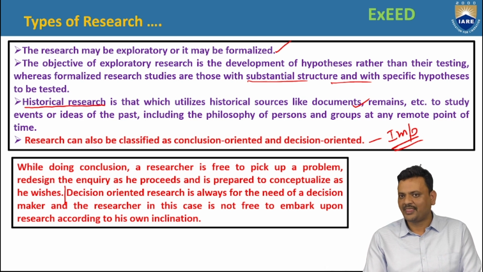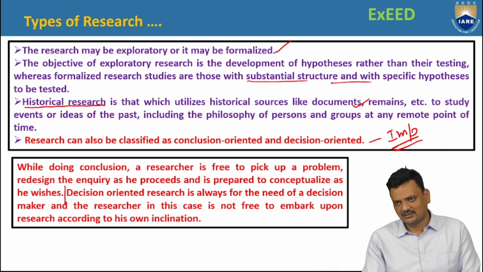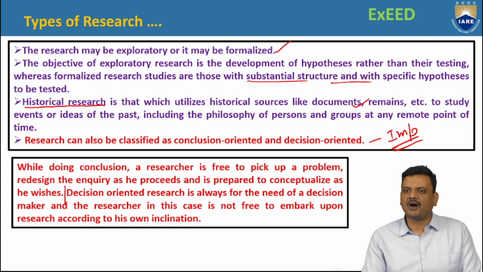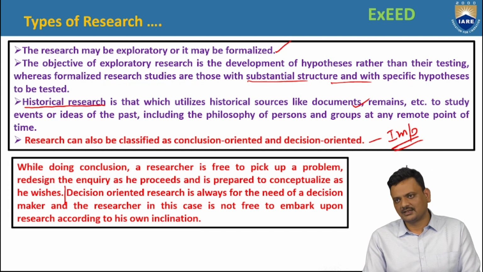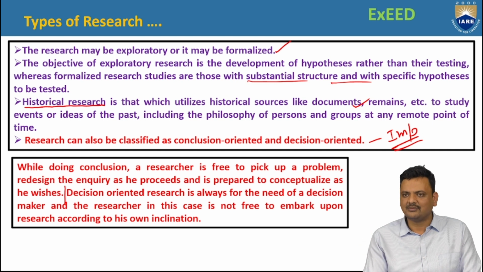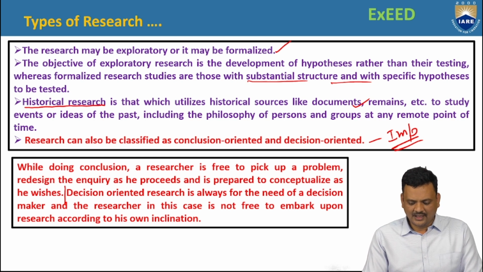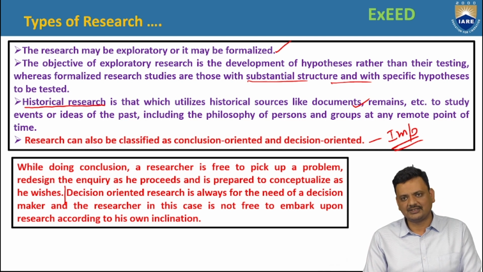Suppose any research has been done, and now the conclusion is not up to the mark according to the decision maker. At that time, the researcher is not free to embark upon research according to his own inclination.